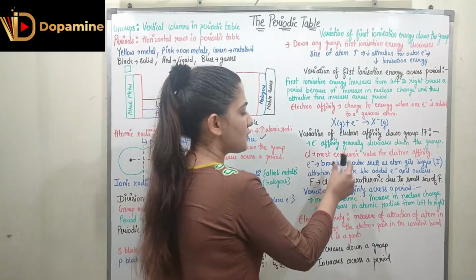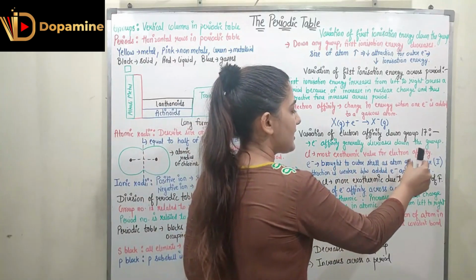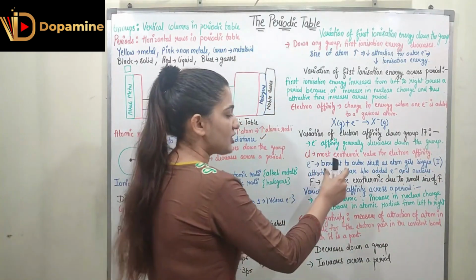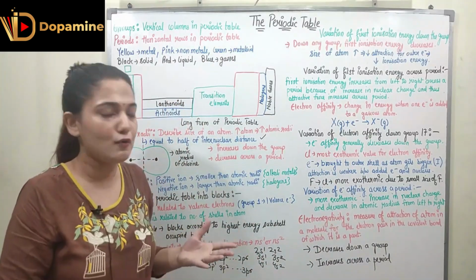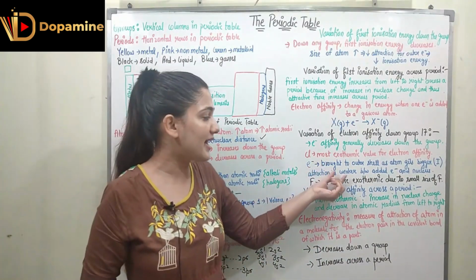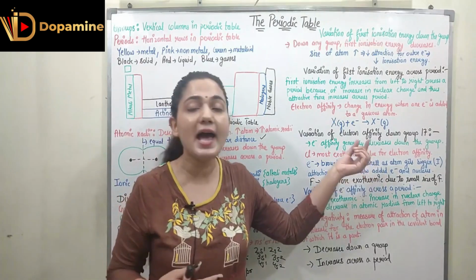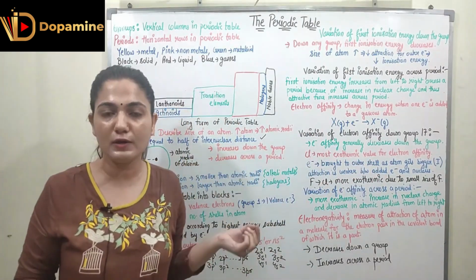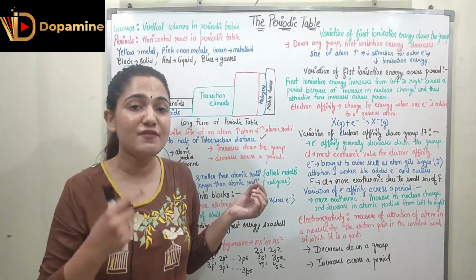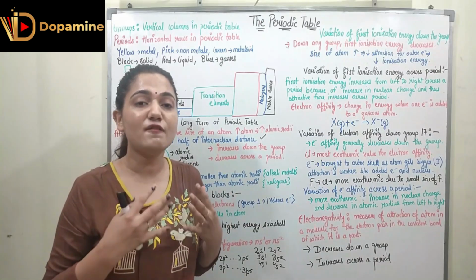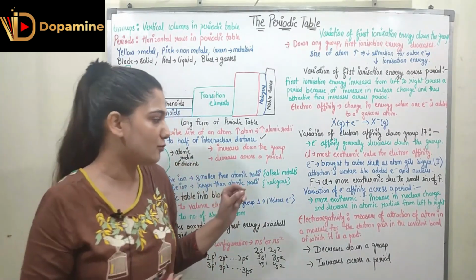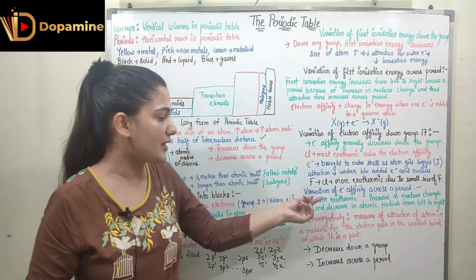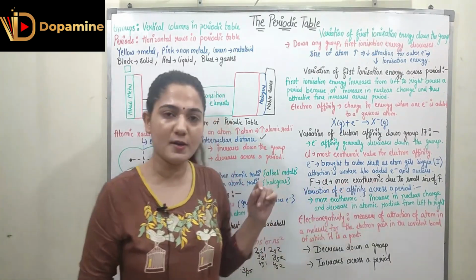So when the electron is brought to the outer shell, as the atom gets bigger, attraction is weaker. In the case of iodine, iodine is the biggest atom in group 17 and the attraction would be weaker between the added electron and the nucleus. Whereas if I see chlorine, the attraction forces will be higher because the size of chlorine is smaller compared to iodine. Coming to the variation of electron affinity across a period.